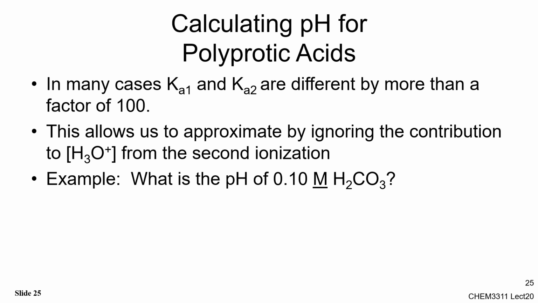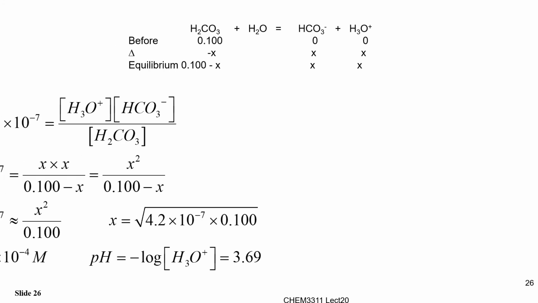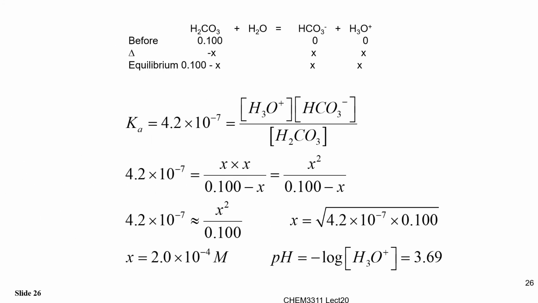So for instance, what's the pH of 0.1 molar carbonic acid? We set up the process exactly like we did for our acetic acid. We use the small x approximation, and we end up with x equal to 2 times 10 to the minus 4. We take the negative log of that and it gives us 3.69.